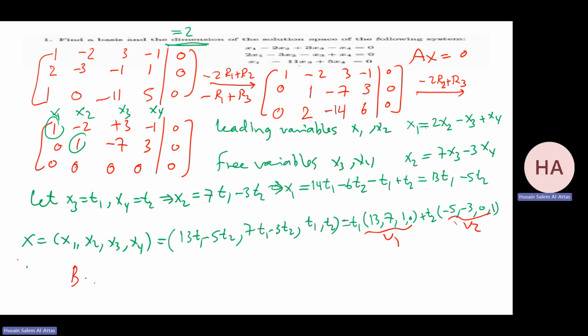So the basis will be V1, V2, which are 13, 7, 1, 0 and minus 5, minus 3, 0, 1. And the dimension is 2.